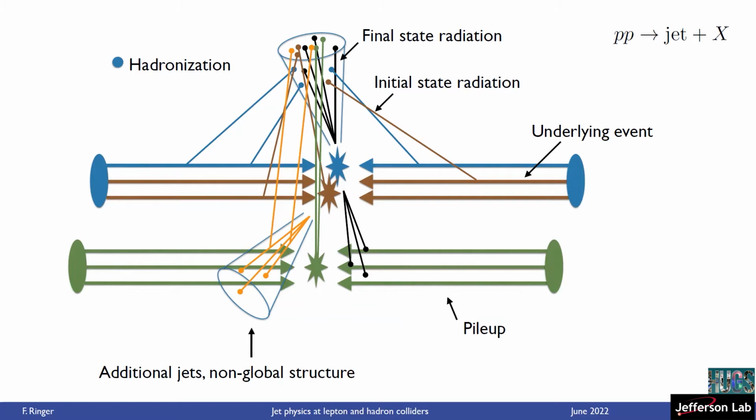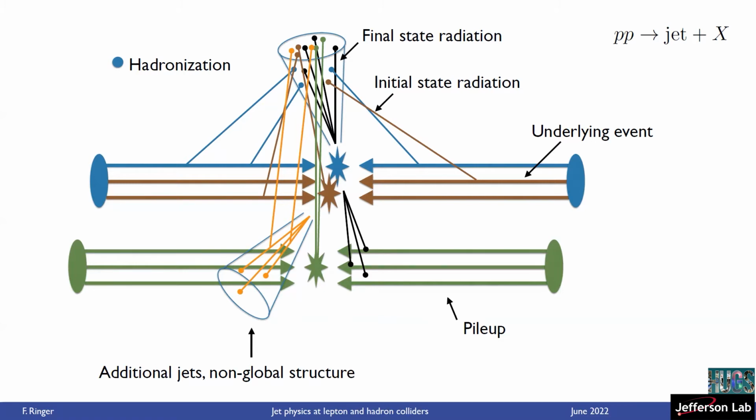And so we have to worry about these, even though it's an inclusive measurement where we try to measure one jet at a time, but actually this can also matter in the end. And so it again leads to potential problems. At the LHC, or in general at say RHIC, where we have a QCD initial state, we have to worry about all these different things. Some of those we just don't have under control from first principles.